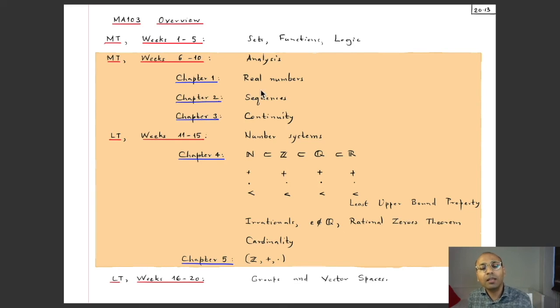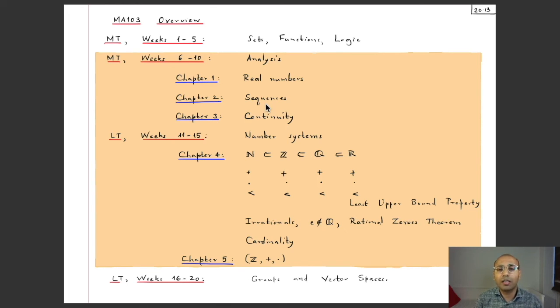In chapter 1, we began with a discussion of the real numbers, and in particular we learned a very important property for doing analysis, namely the least upper bound property of the set of real numbers. Then in chapter 2 we discussed sequences and their convergence, and in particular we learned about theorems which tell us how to deduce convergence based on the properties of the sequence.